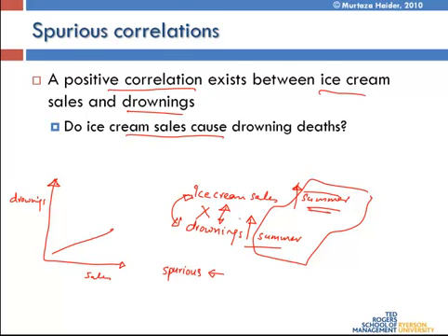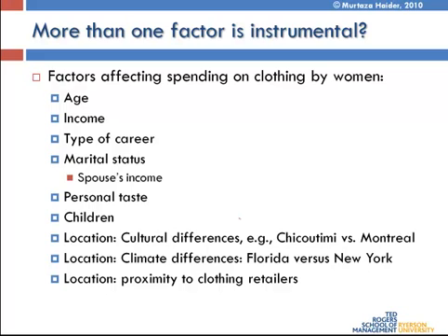So when more than one factor is instrumental, what to do, right? Factors affecting spending on clothing by women was the example that I used earlier. Well, think about it. The age of the woman matters, right? If she's old or young, or how old. And then also what is instrumental is the income, types of career, or lack of it.